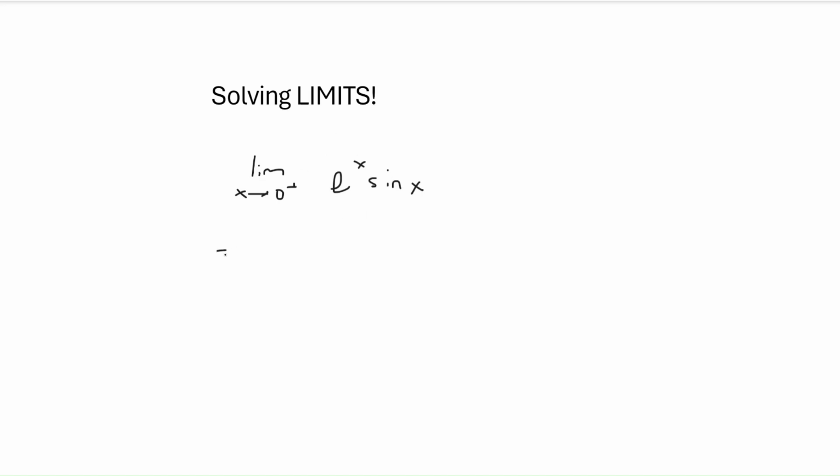We don't, because can we plug it in? Let's see. Always see if you can plug it in. So e to the 0 power multiplied by sine of 0. We know that e to the 0 power is going to be 1, and we know that sine of 0 is just going to give you 0. So the answer turns out to just be 0.